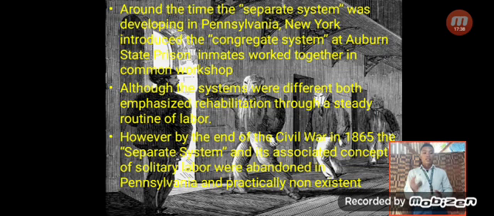The opponents of New York's congregate system insisted that guards had to be more highly skilled and trained in order to supervise the congregate workshops. Although the systems were different, both emphasized rehabilitation through steady routine and labor.